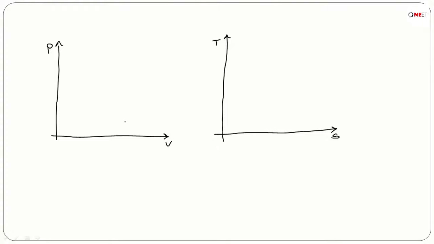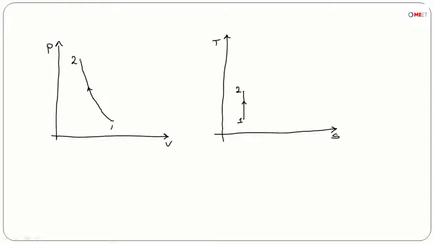So isentropic compression, let us draw it like this. In the PV diagram it looks like this. In the TS diagram, isentropic compression is represented as a vertical line pointing upwards like this, 1 to 2.